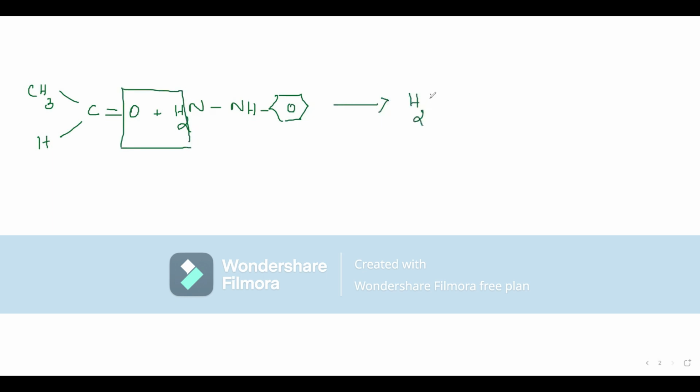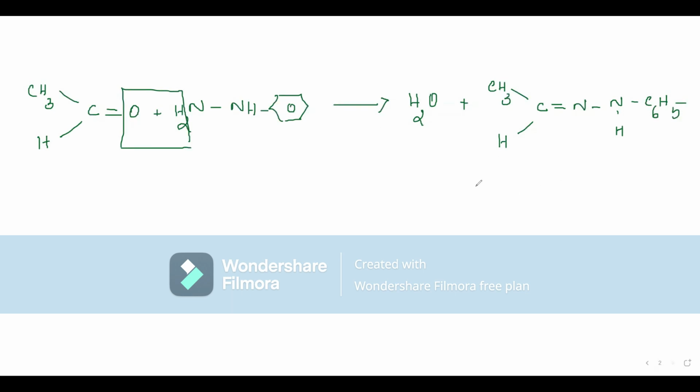So H2O plus there is CH3CH double bond N, NH, and C6H5. You can draw the ring also. Now, this will be the corresponding phenylhydrazone.